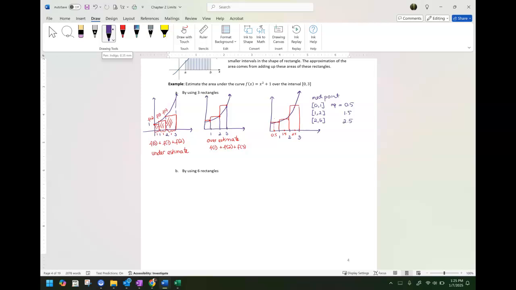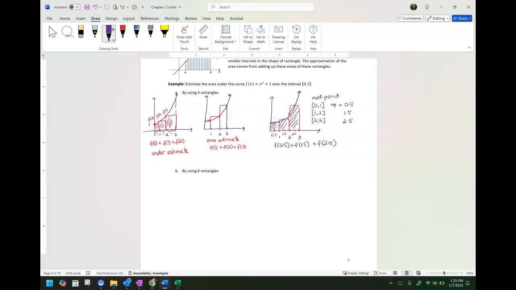Note that the width of each rectangle is still the same, that is 1. So this is a little more accurate area. The area is f of 0.5 plus f of 1.5 plus f of 2.5.